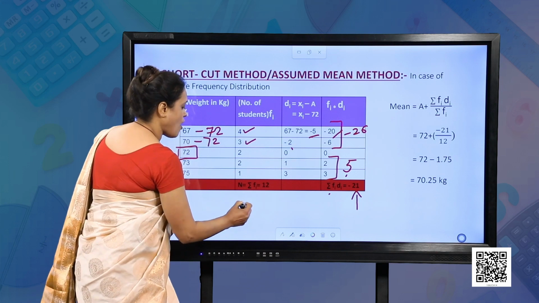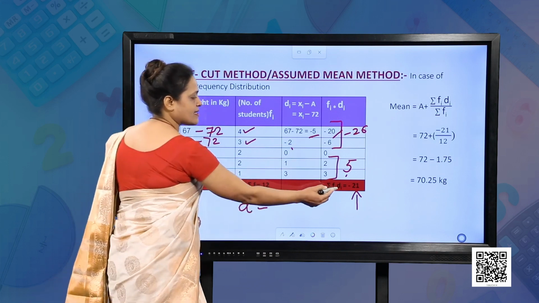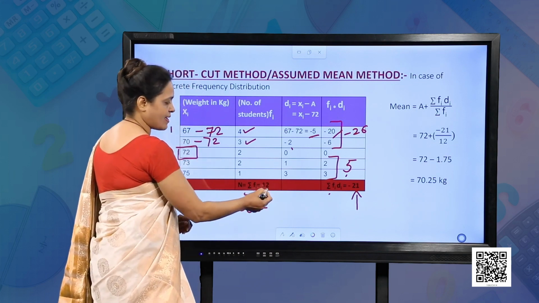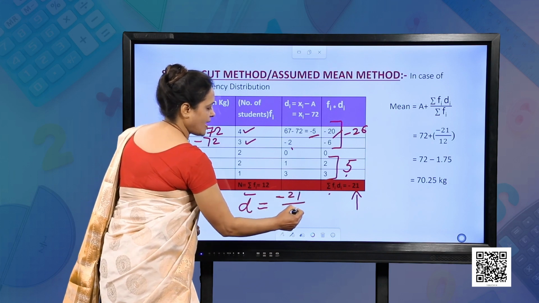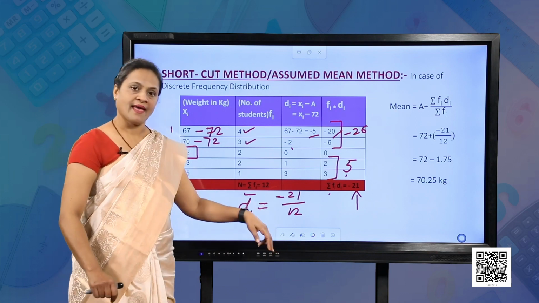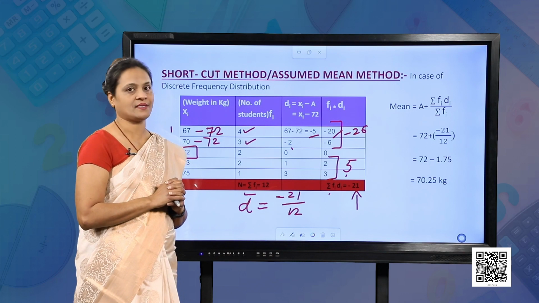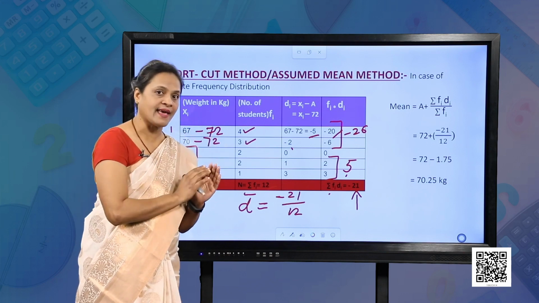Now, the mean of di's, that is d bar, is going to be sigma fi di upon sigma fi. So, minus 21 upon 12. But this is d bar, and what was my target? My target was to calculate x bar, that is, the mean of xi's.